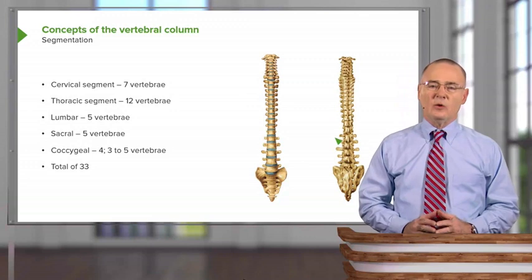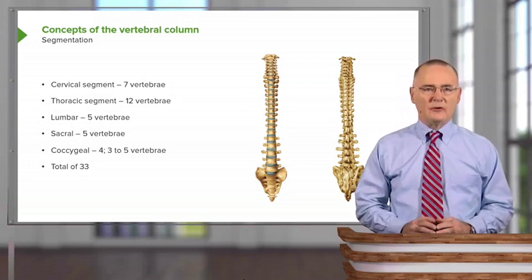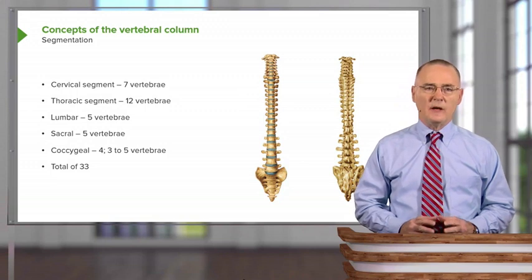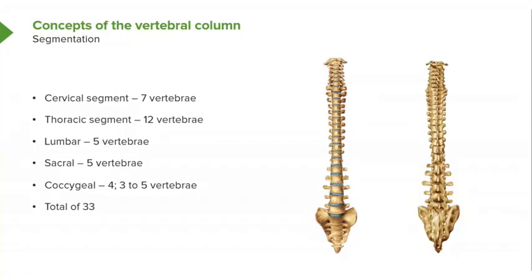First, let's take a look at some basic concepts of the vertebral column. And our starting point is with segmentation. What we have within the vertebral column are various segments. We will have a cervical segment, and that is represented by the first 7 vertebrae that we see here in the anterior view, and then we also see the 7 vertebrae posteriorly.